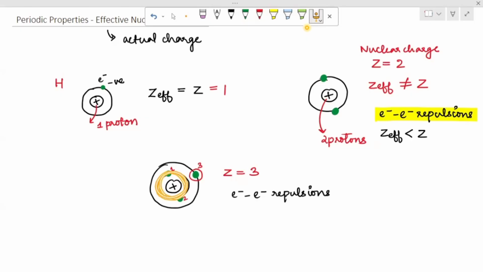Hence the nucleus cannot completely give its force of attraction to the third electron. That is because of the shielding. So another reason for reducing the effective nuclear charge is shielding, and the shielding varies with each shell. So these are the two reasons. Because of these reasons, here also the Z effective is not equal to 3. It is actually less than 3.